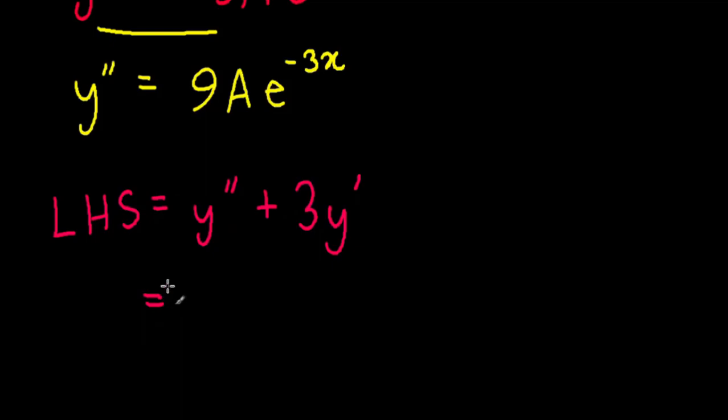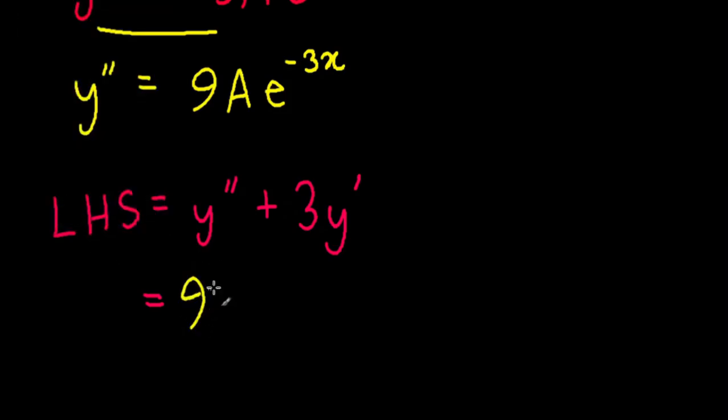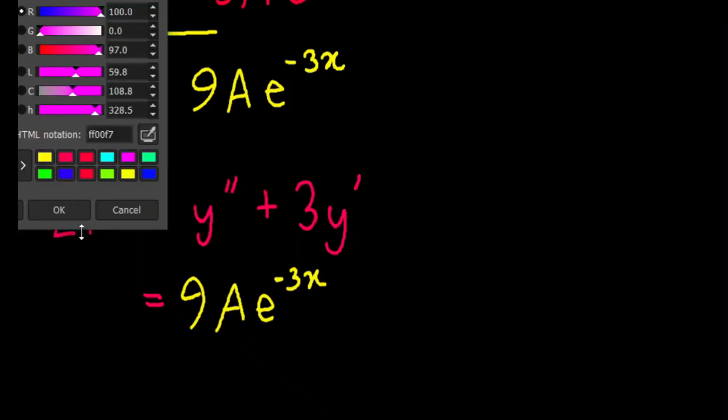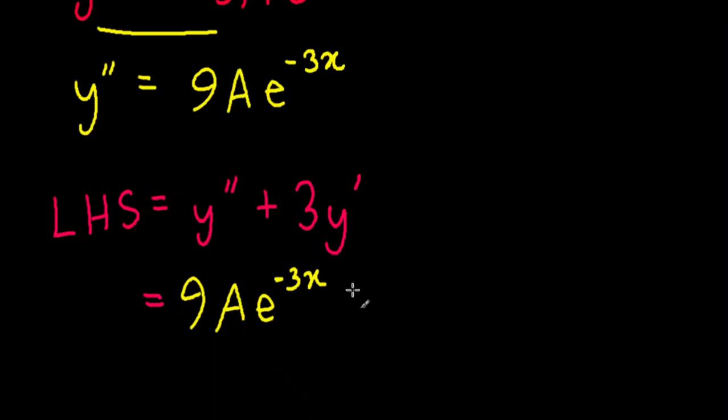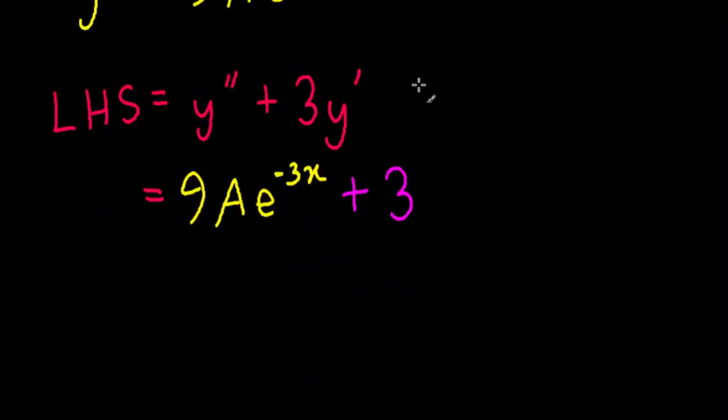What is the second derivative? That's 9a e to the power minus 3x. Plus 3 multiplied by our first derivative, which is negative 3a e to the power minus 3x.